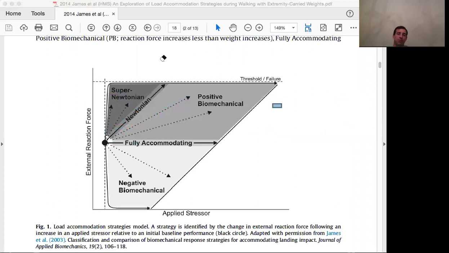That's super Newtonian. If it was in the positive biomechanical, that means that my actual trial measured peak ground reaction force was less than predicted, but greater than the body weight condition. Okay, that's really important because there has to be something that it's compared to. So at the very point here, that dot at the very beginning, this is your body weight condition, right?